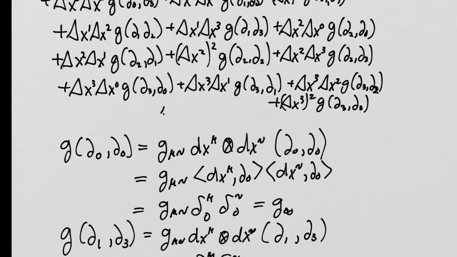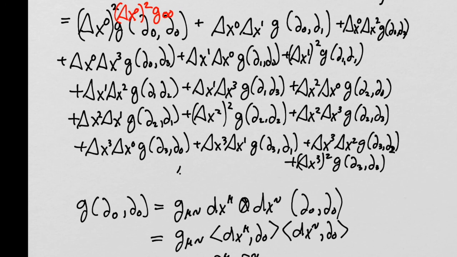And therefore I should be able to go to this term here, and this is actually equal to delta x1 delta x3 g1 3, right? And likewise, I can substitute everything out using that same technique and rewrite this entire expression in terms of the metric components, right? Because that's what these are. These are the metric components.